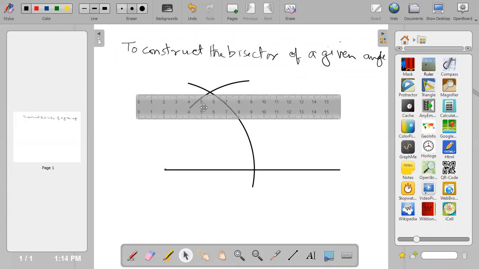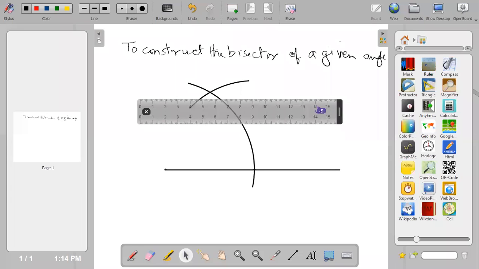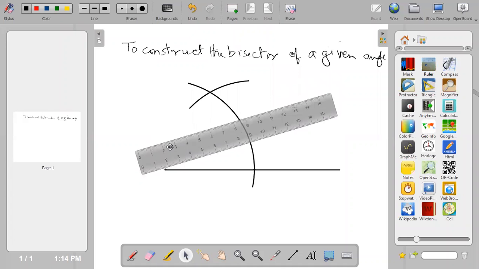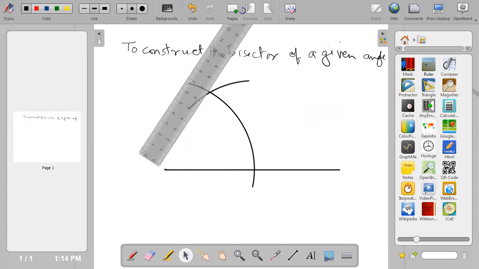So you can use the ruler to join it. This is a ruler. Okay, so you can keep it like this. Here one point and another point should pass through this one.